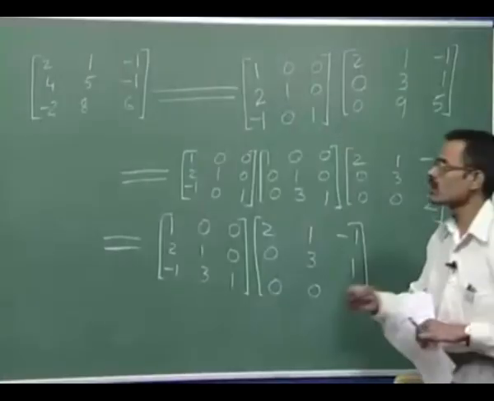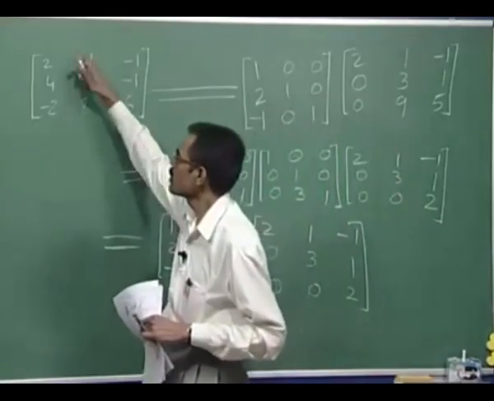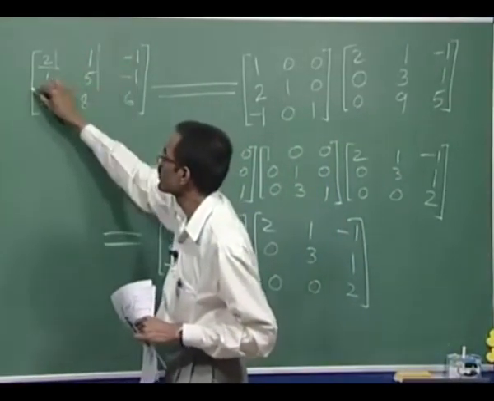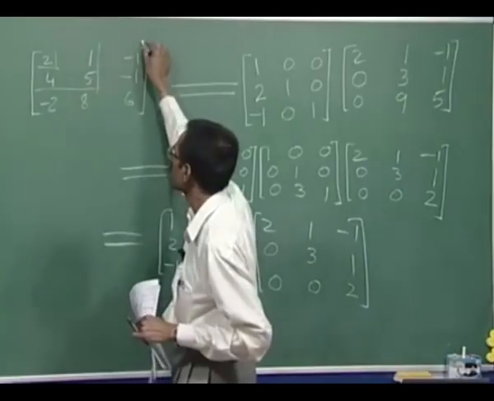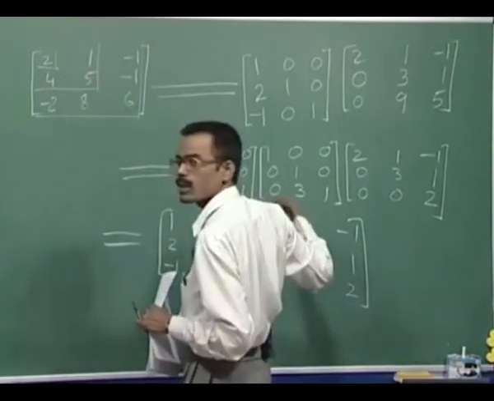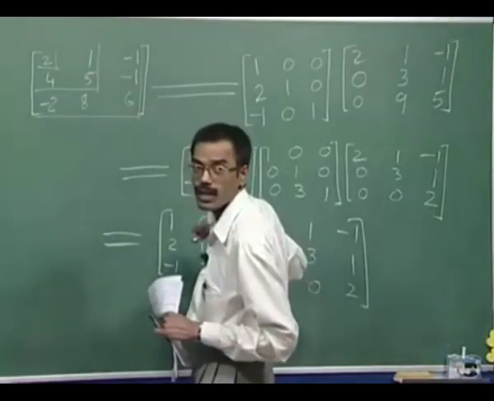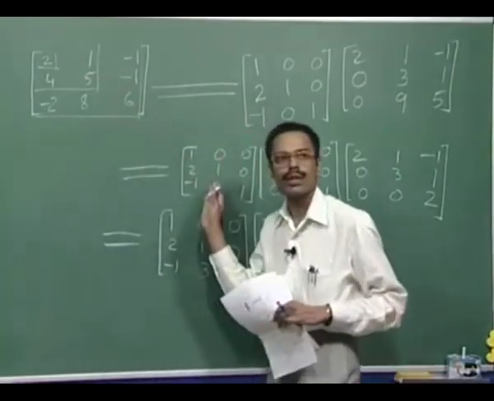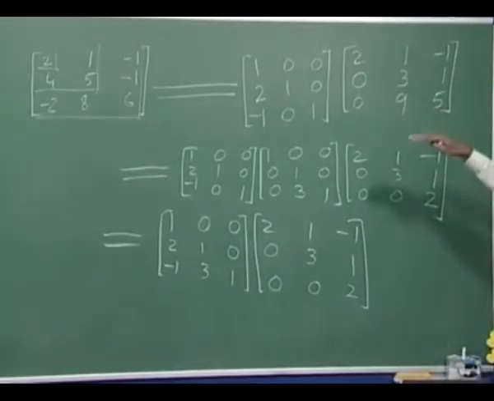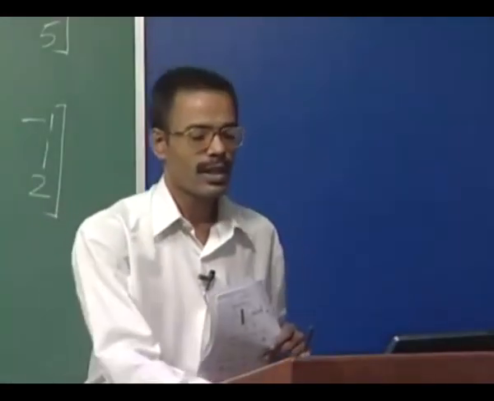What are the leading minors? In this case, this is the first leading minor, the second leading minor is the determinant of this, the third leading minor is the determinant of this, and so on. For an n by n matrix, there will be n such leading minors. All those determinants should be non-zero for a matrix to be LU decomposable in this manner. If suppose such is the case for our matrix at hand, then how do we proceed?